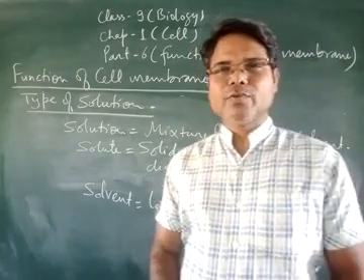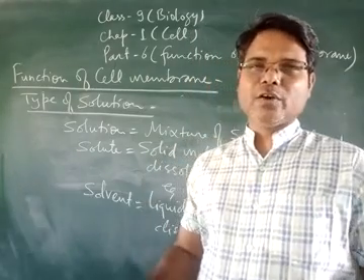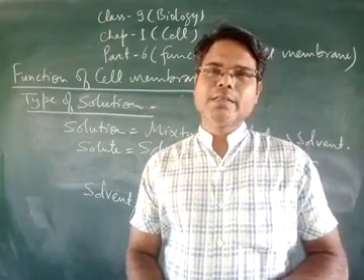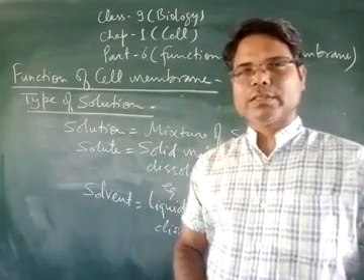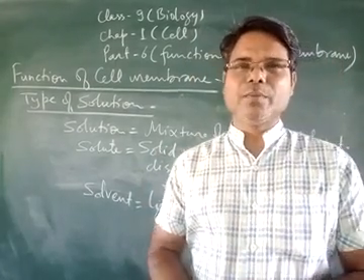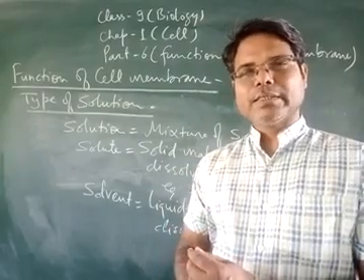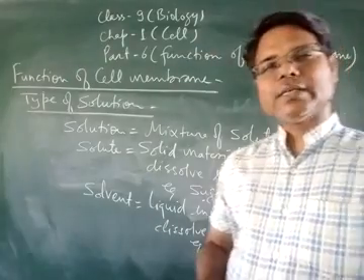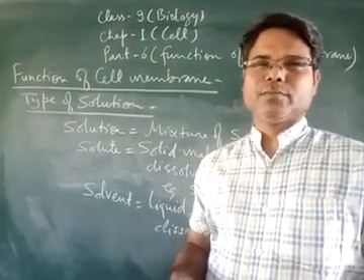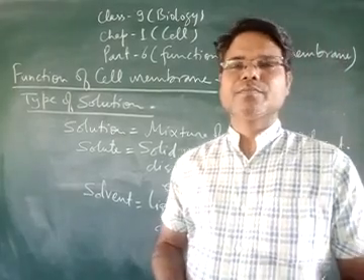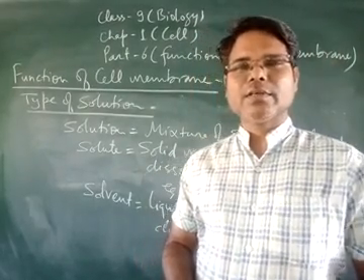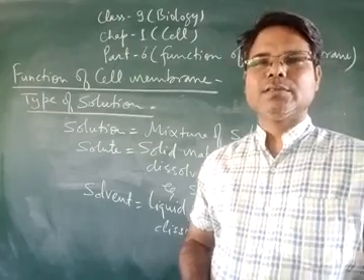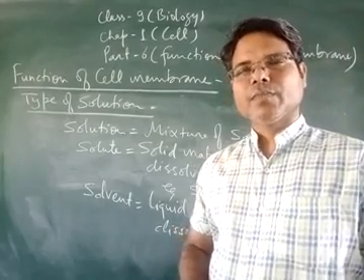Now what is diffusion? Diffusion is the movement of material from its higher concentration to its lower concentration, which depends on the presence of material inside or outside the cell. Diffusion is applied only in the case of solids or gases. The third function which was discussed is osmosis.